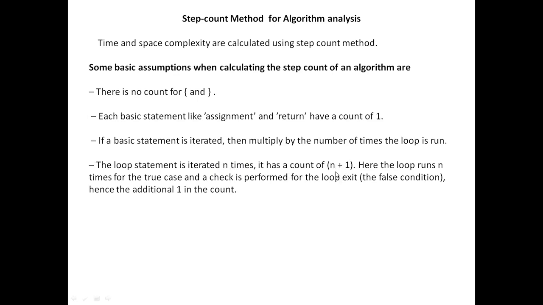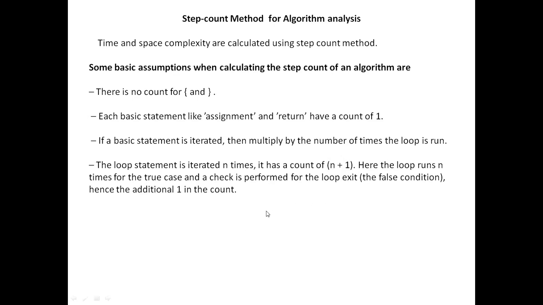After that, there is a conditional check to come out of that for loop. That conditional checking involves 1 count. So totally it is n plus 1 counts. So for example, for i equal to 1 to n, do something, then the count for that for loop is n plus 1. That you should know. So for a for loop starting from the initial value 1 up to n, the count is n plus 1.